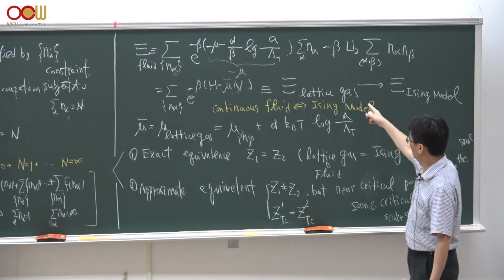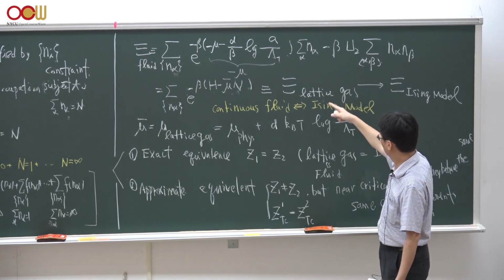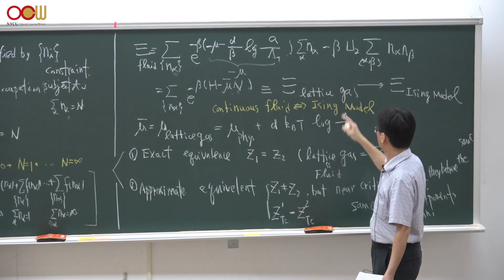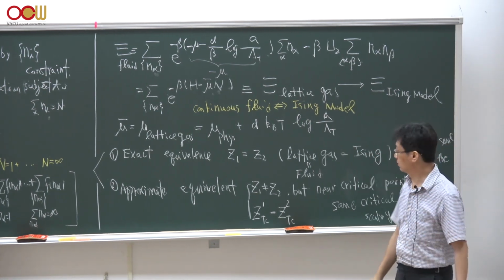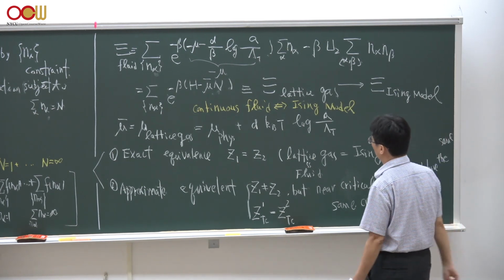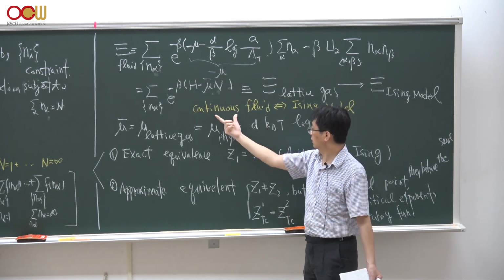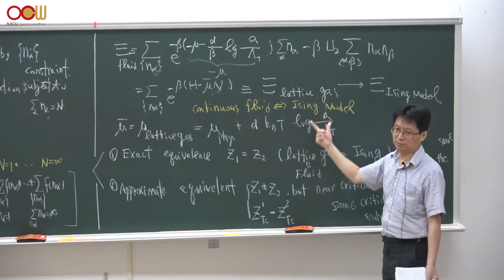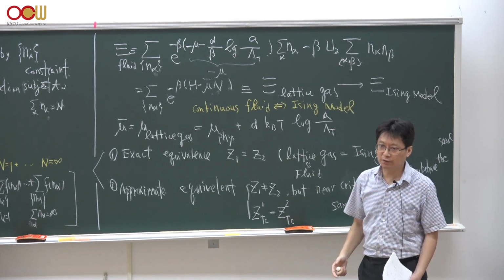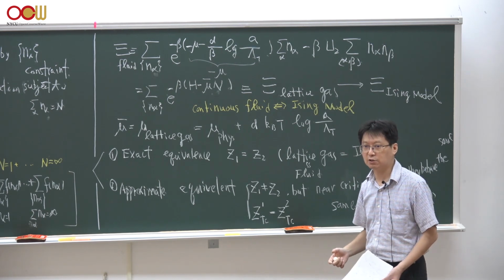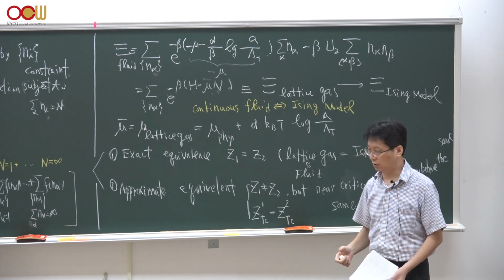And we know from the previous lecture that there is an equivalence between the lattice gas problem and the Ising model by a proper change of variables, and therefore we establish the equivalence between the continuous fluid and the Ising model through the lattice gas. So there are two types of equivalence in statistical mechanics that I mentioned earlier.